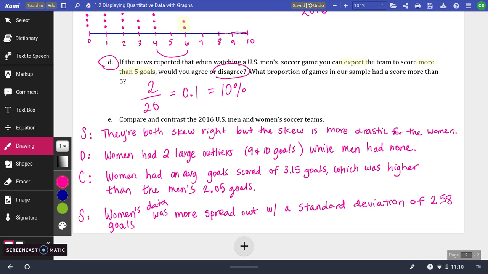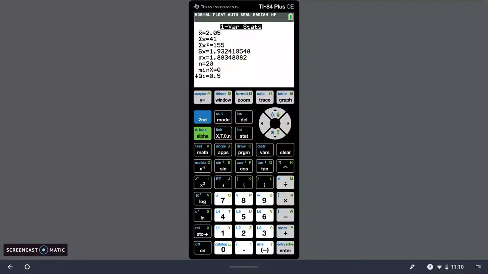Women's data was more spread out with a standard deviation of 2.58 goals, while the men's data had a standard deviation. Be careful how you shorten it. Standard deviation of, and I forgot what it is, grand finale here, 1.93.